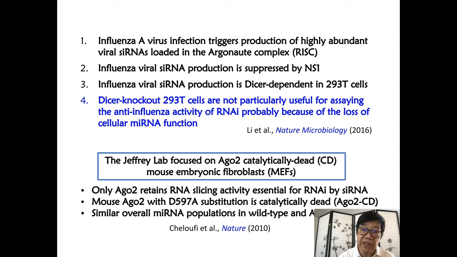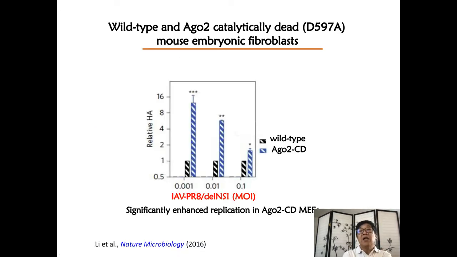Using these wild type and mutant mouse embryonic fibroblasts, Dr. Jeffrey's lab compared the infection of NS1 deletion mutant influenza A PR8 strain, shown in this slide by real-time PCR analysis.